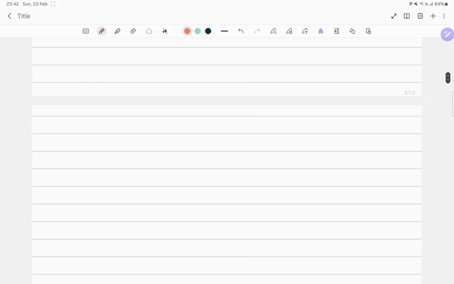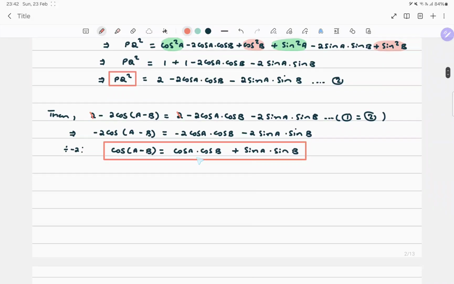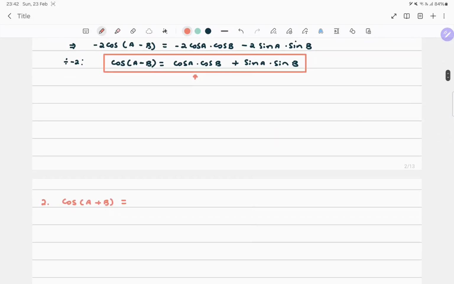Now here's the second one. How do we do cos of angle A plus angle B? What is it? This is going to be equal to, but remember now we want to use this generic one. We want to use that because we don't know this and we don't want to struggle.